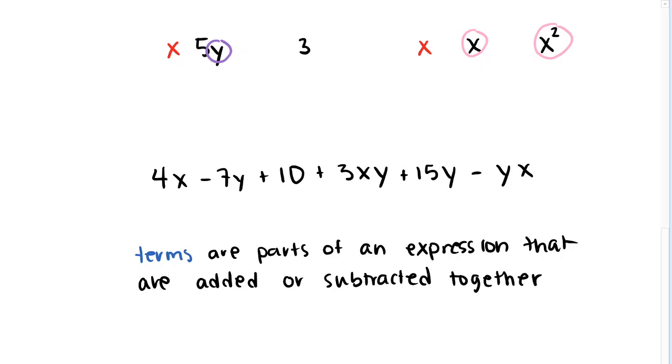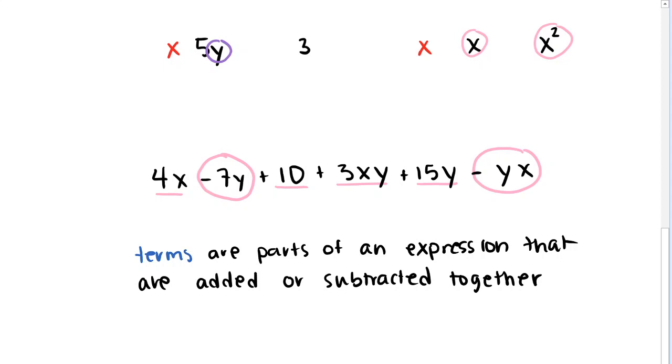So if I look at this expression above, this 4x is an example of a term, 15y is an example of a term, 10 is an example of a term, 3xy is an example of a term. When we have subtraction, we include that subtraction with the term on the right. Here, I look at this minus 7y as a term, and this minus yx is also a term.